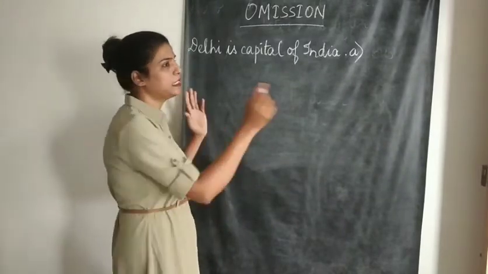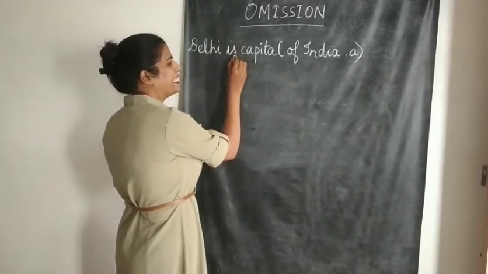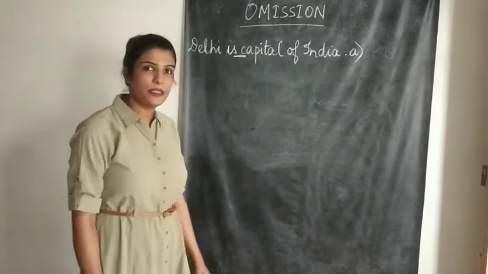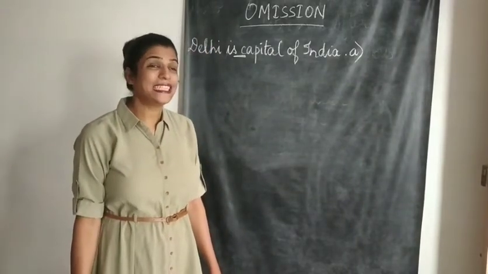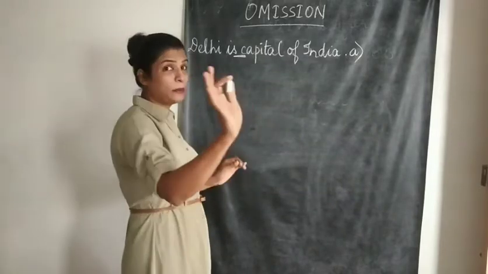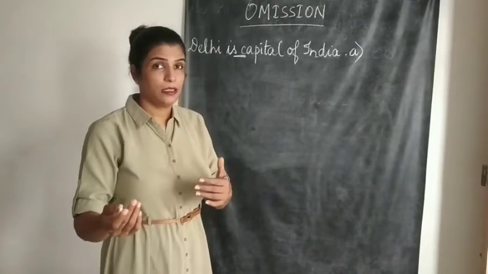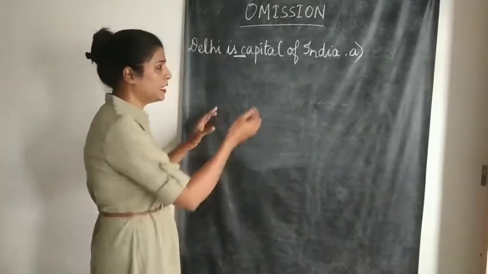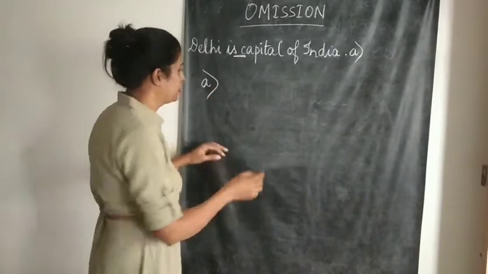Now when you read this part of the sentence, Delhi is, an article is missing between these two words. And which article? The definite article is missing. Now my answer will be written in a different way. Don't mix up editing over here. I will bring my A down to highlight the answer.